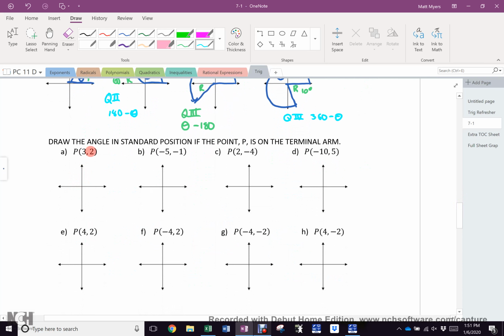So where would 3, 2 be? Quadrant 1, out there, yeah? So that is on the terminal arm, which means I start there and I go through 3, 2. Everybody cool? Do that for all of them. We're going to talk about E, F, G, and H in a minute.